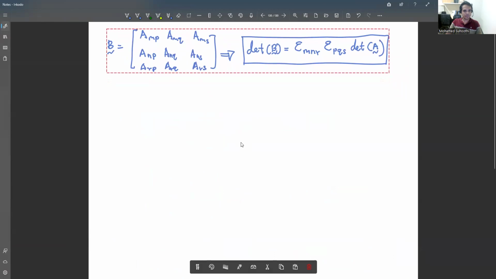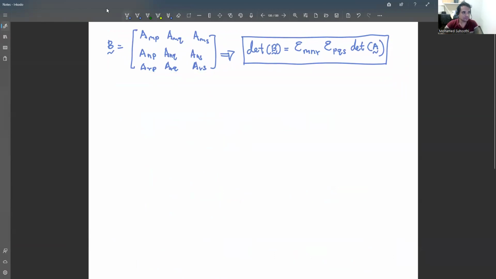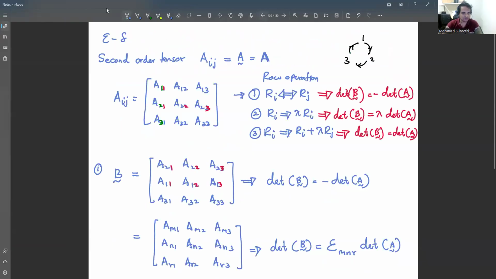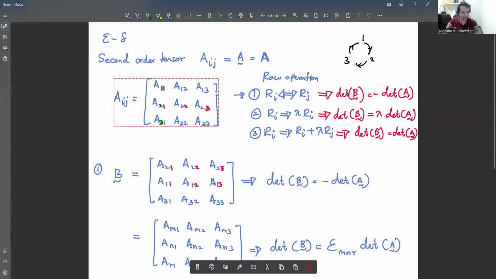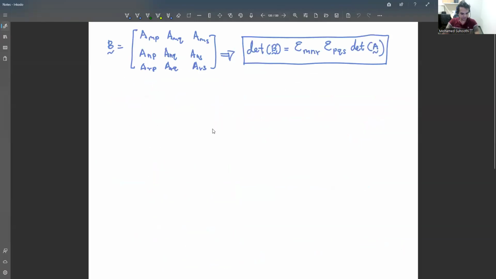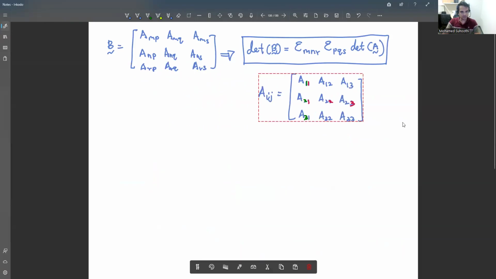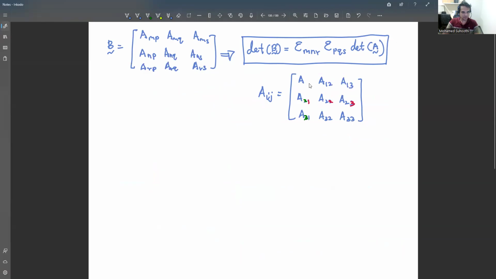Okay, this one now. Now what I'm going to do now, I'm going to take A, I also bring A. This is your A. Okay, I will write it. Everything is the same color. Okay, A11, 21, 31, 22.